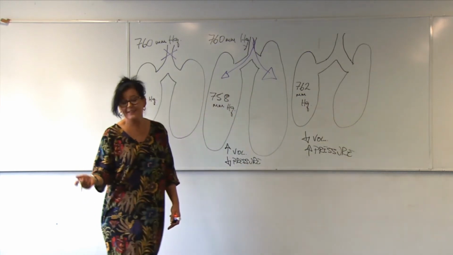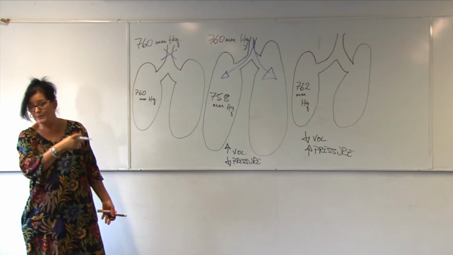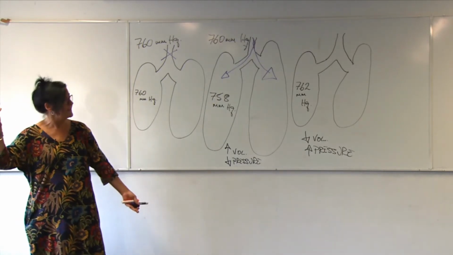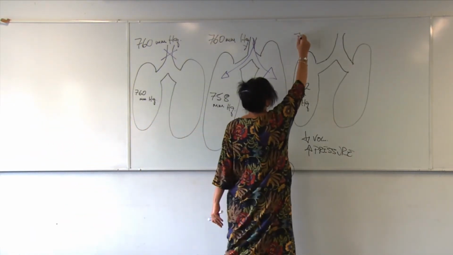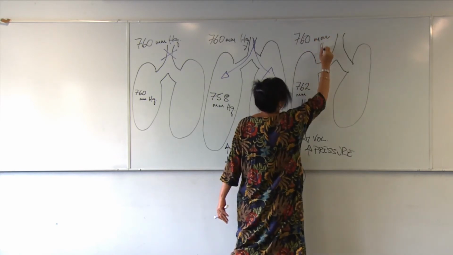What does atmospheric air pressure do? Yes, it stays the same, because between breathing in and breathing out, I haven't just run up some very high mountain. So it stays the same, 760 millimeters of mercury.